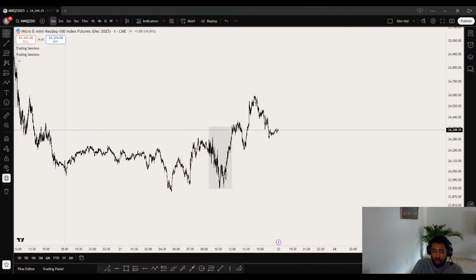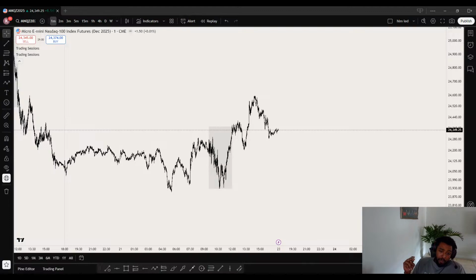What did you say? Confluences? Then I say, consequent encroachment, what wicks are used for. Wicks are gaps, if you don't know.